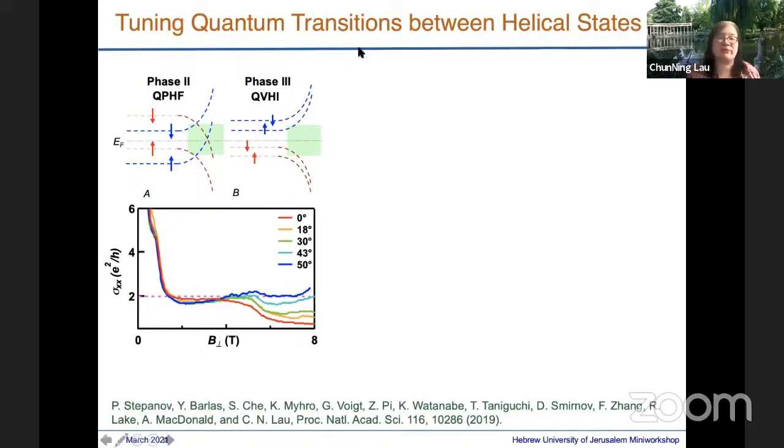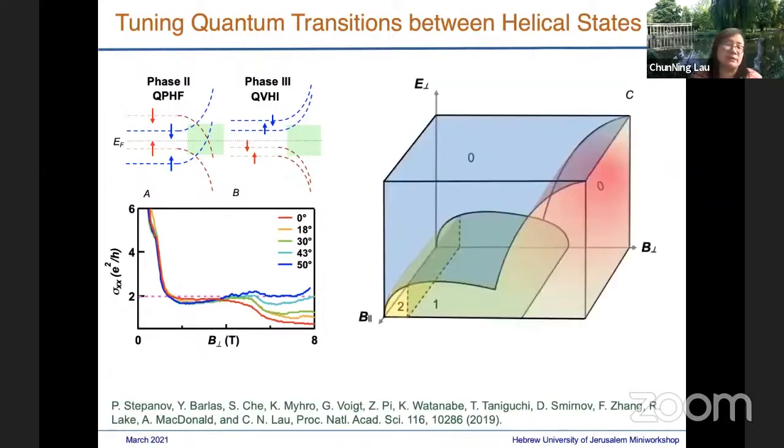We can bring phase 3, which has 0 and is an insulator, into phase 2 by applying a parallel magnetic field, which has one pair of helical edge states.